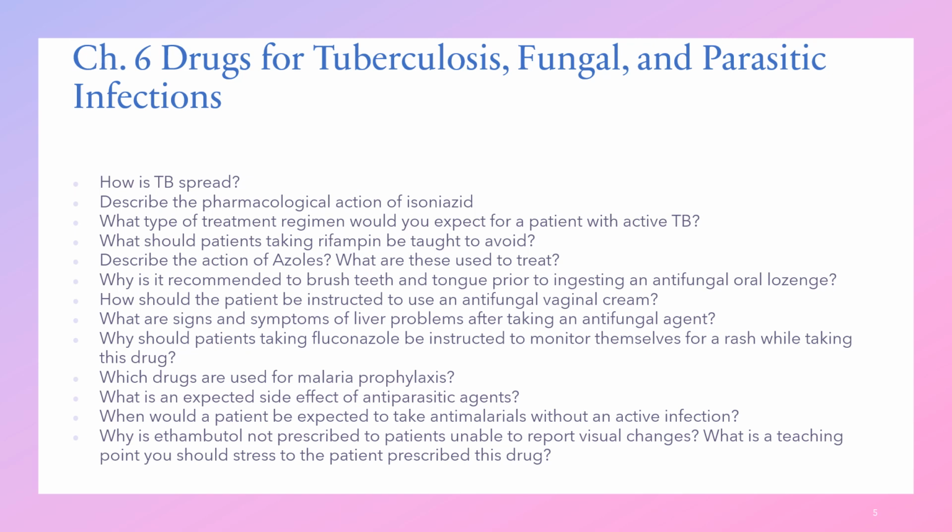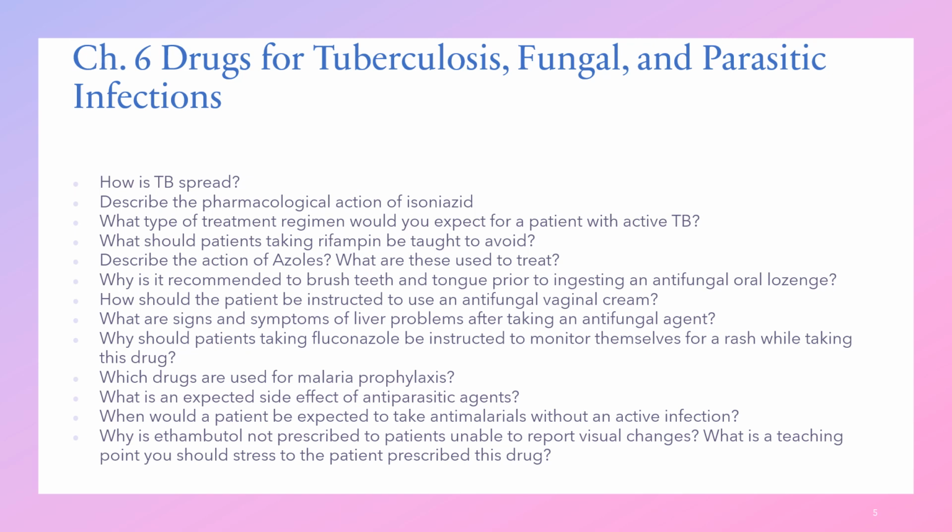Why is ethambutol not prescribed to patients unable to report visual changes? What is a teaching point that you should stress to the patient prescribed this drug? We can see this on page 88 in the green lifespan considerations box.